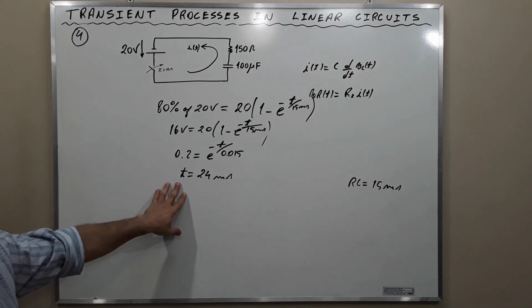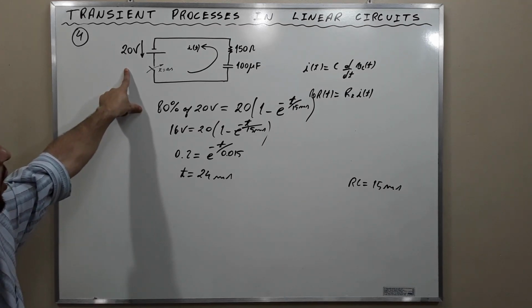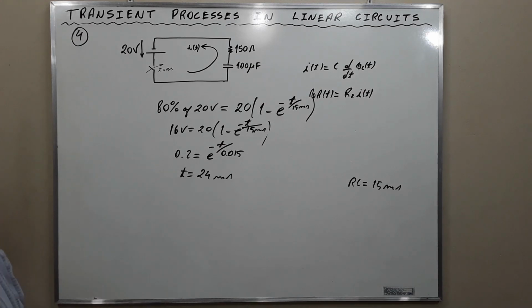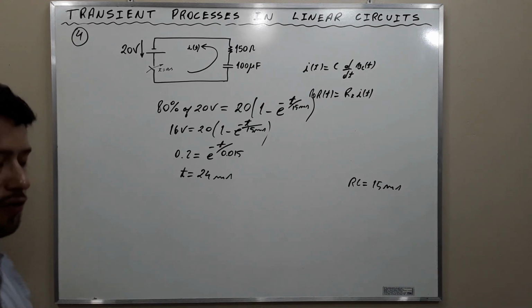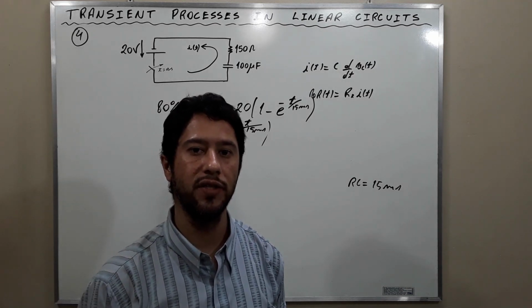This is the time it takes for the capacitor voltage to reach 80% of the voltage of the battery. Okay, my friends, this is all for exercise 4. Let's go to exercise 5.